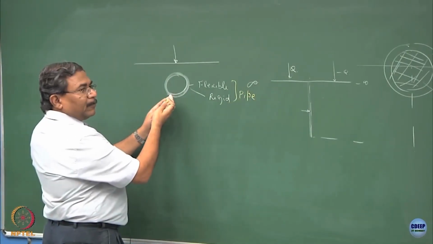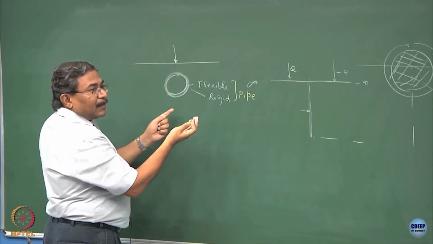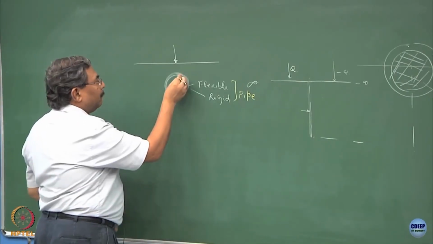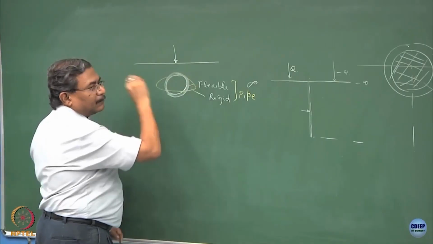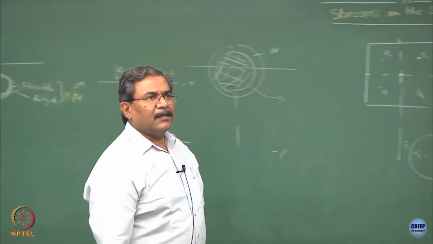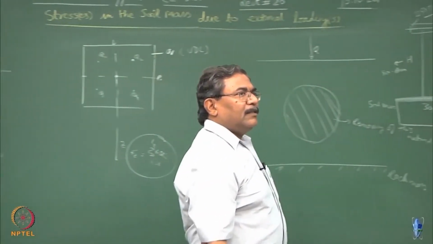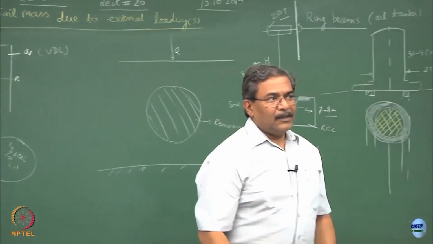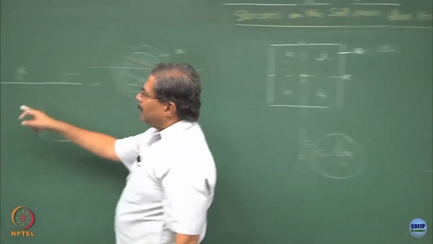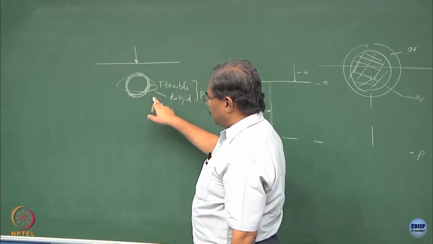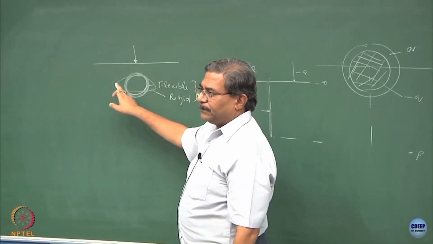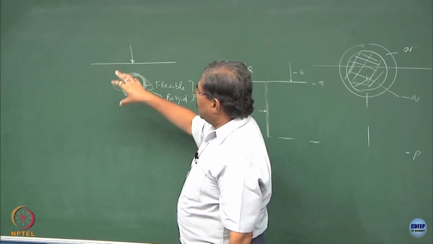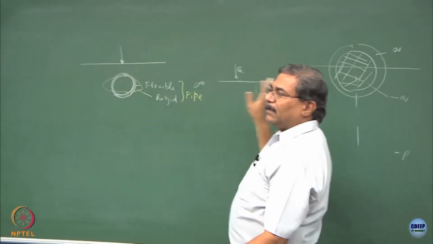A rigid system will not deform, a flexible system will deform. Clear? The state of stress I have to compute. So this part we will discuss again in the second course, strength of materials, shear strength theory. But the way the stresses are going to be computed, the concept remains the same.